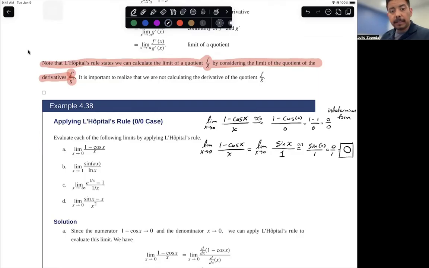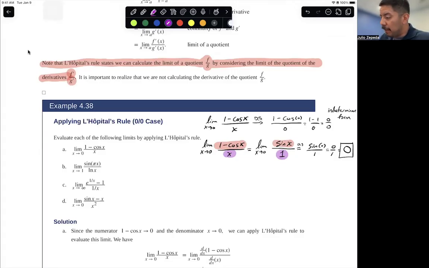The answer is 0. And we want to be careful, for a couple reasons. The first thing is notice that I took the derivative of 1 minus cosine x and got sine x. And then I took the derivative of x and got 1. We want to be careful not to look at that fraction and think that we have to use the quotient rule.